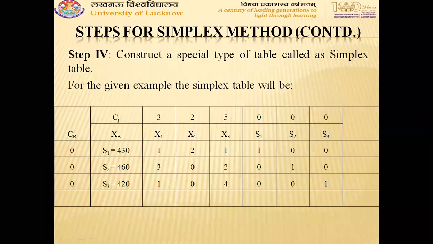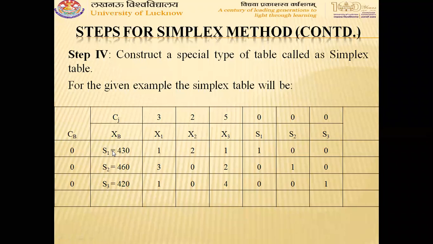Now in the next step we construct a special type of table which is called the simplex table. In the simplex table, some specified columns and rows are used. Here the first column CB represents the cost of basic variables, that is, the cost of variables which are involved in xB. xB represents the initial basic feasible solution, or you can say the basis in the simplex table, and the solution is put in the same order as it was obtained.